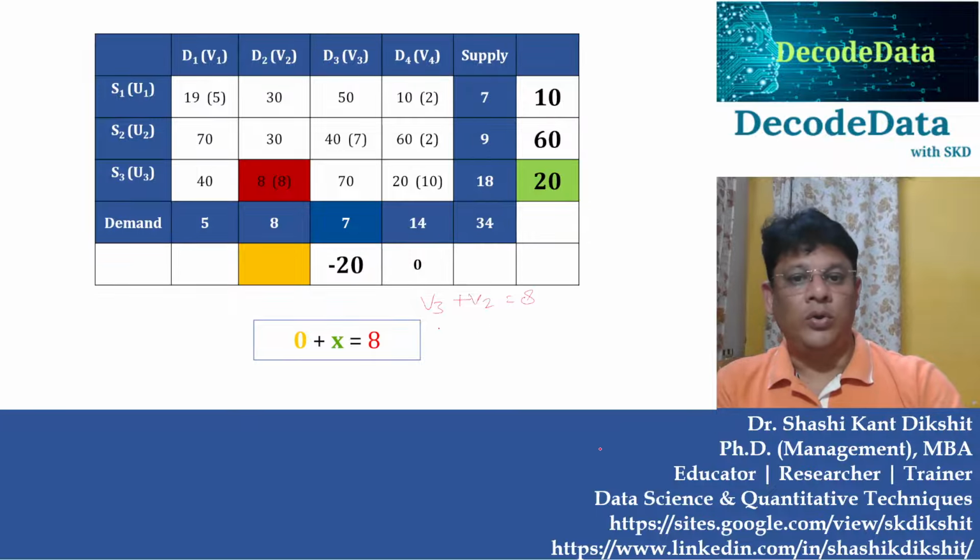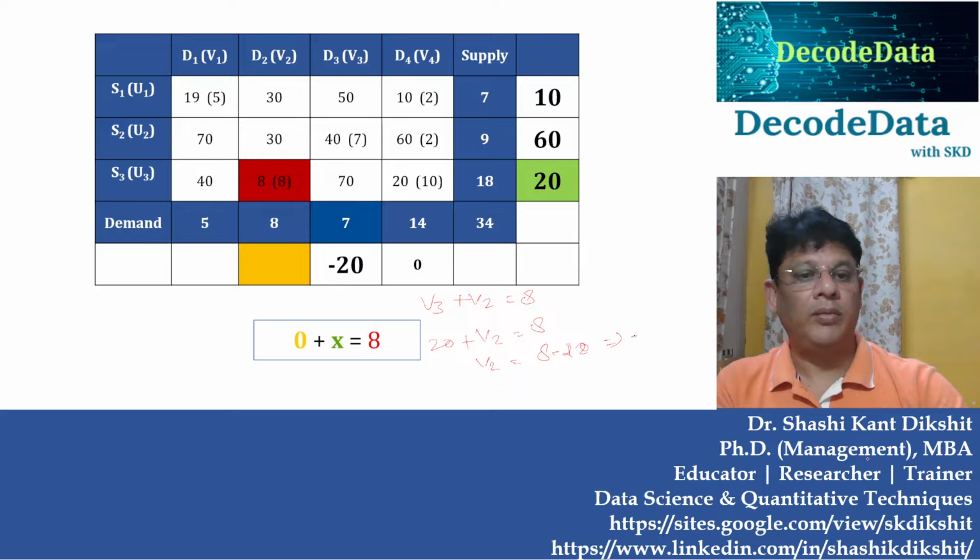Now u3 is basically 20, v2 you have to find out, and 8. So v2 will be 8 minus 20, that is minus 12, right?